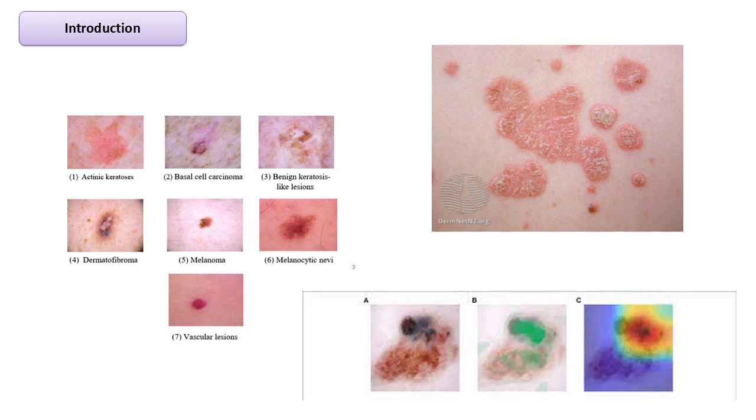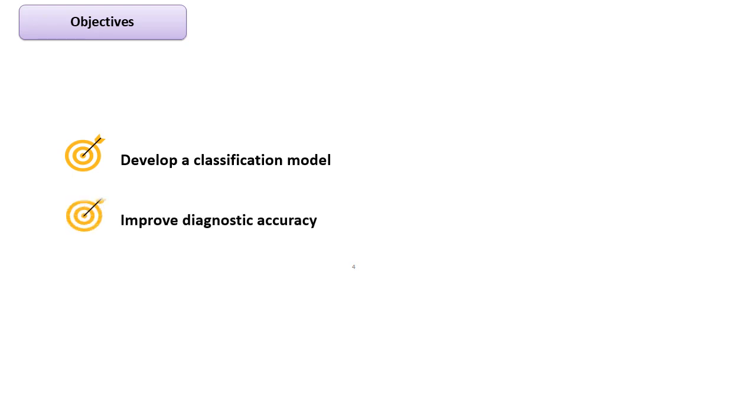Before discovering these new possibilities, let's have an overview of the objectives that we have to achieve in this work. So the main objective is to develop a classification model using vision transformer architecture. This, of course, involves training the model on datasets of skin lesion images, ensuring it can effectively differentiate between melanoma and non-melanoma.